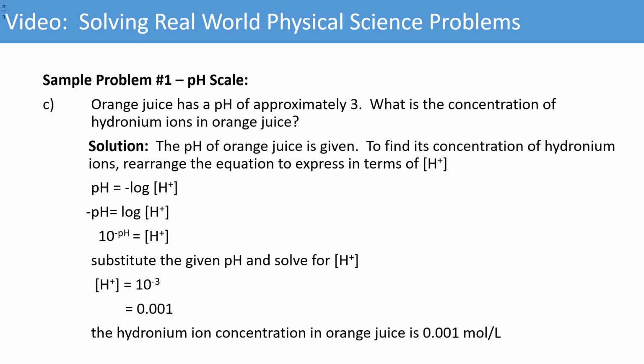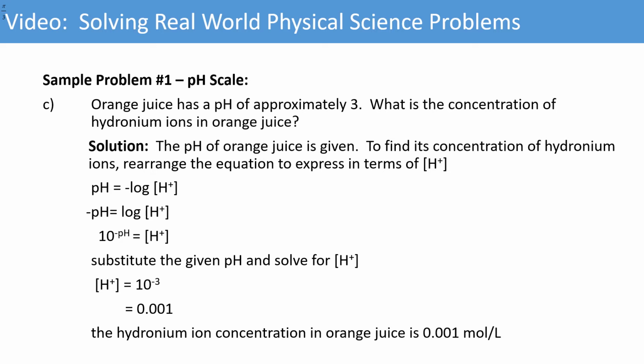Orange juice has a pH of approximately 3. What is the concentration of hydronium ions in orange juice? In this question, we're working backwards. We know the pH of the orange juice, and we want to find the concentration of hydronium ions.